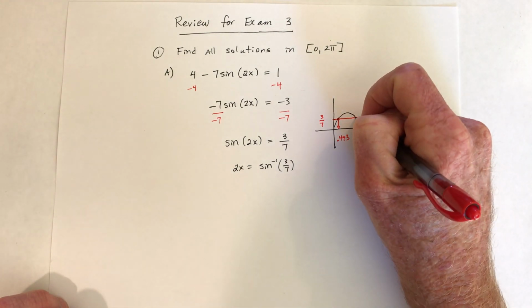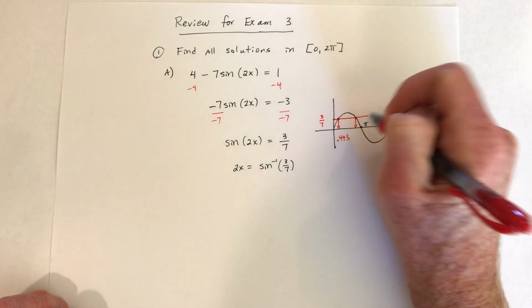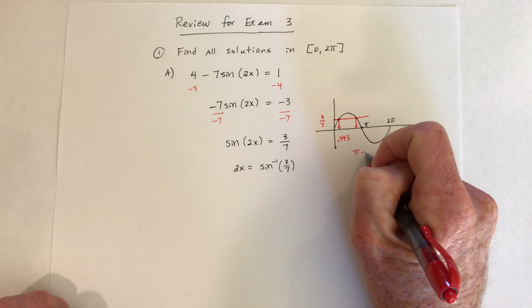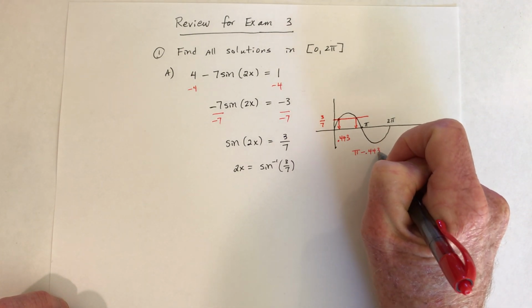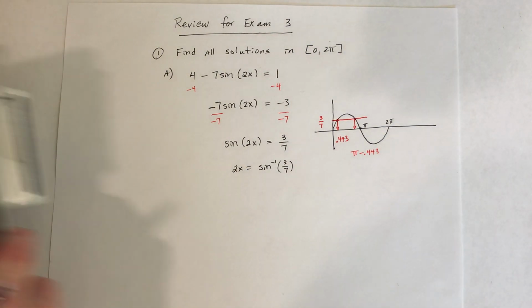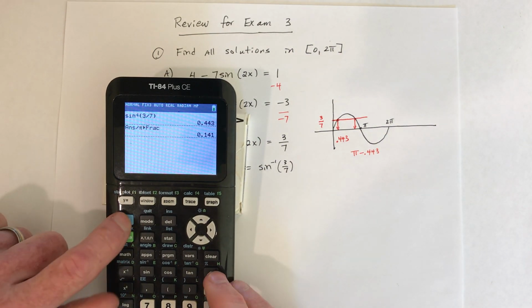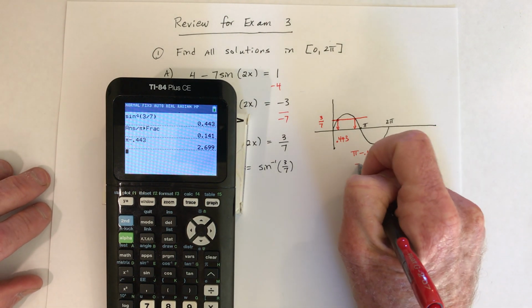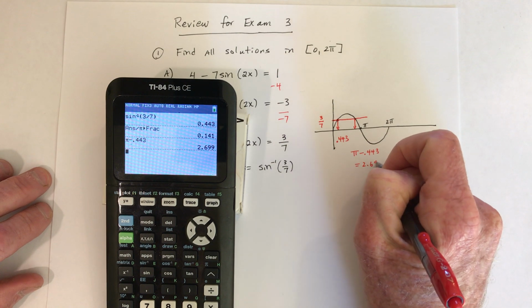Now this second one over here, this one is to the left of pi, so that's going to be pi minus 0.443. Pi minus 0.443 is 2.699.